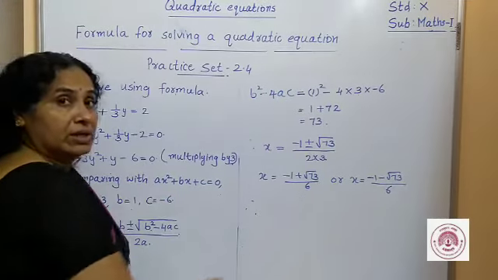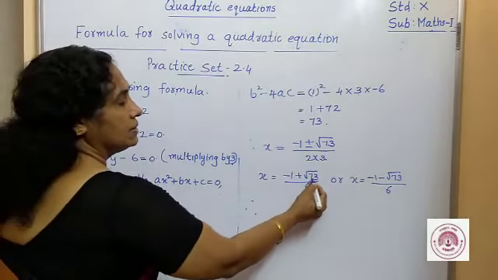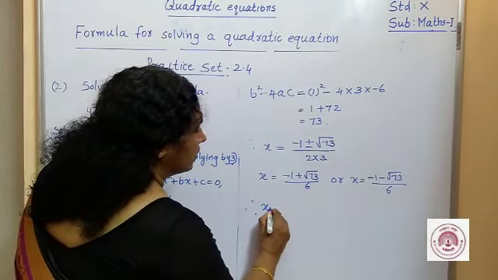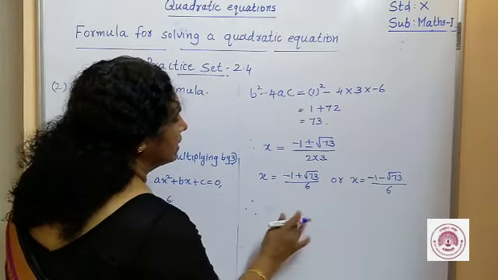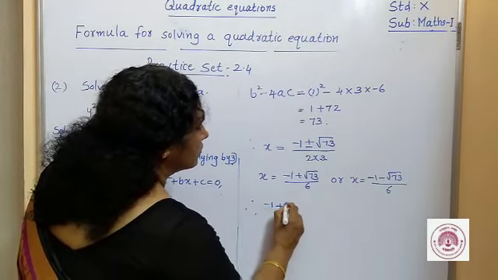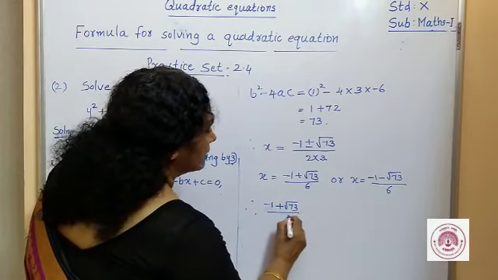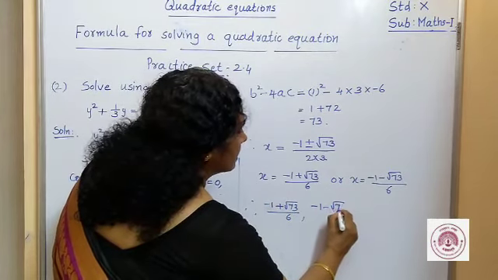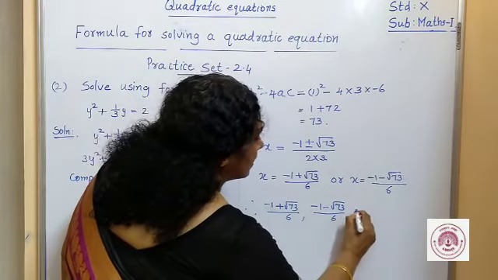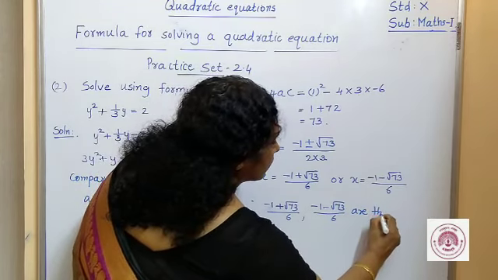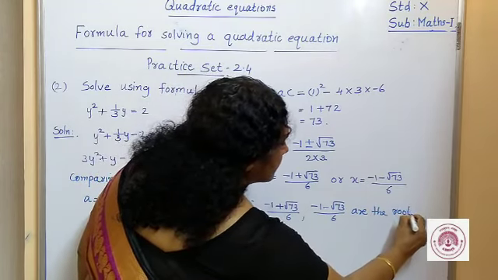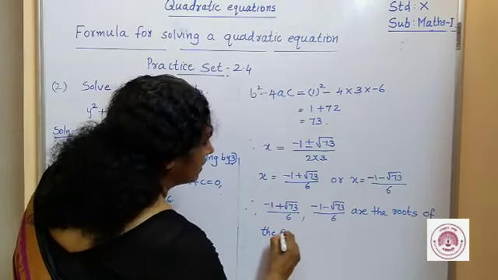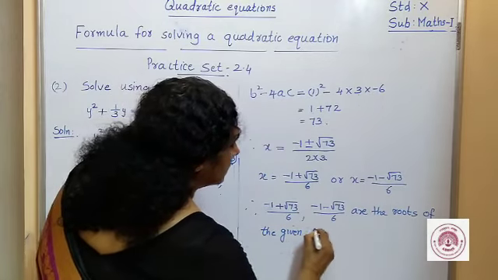That is, 73 is not a perfect square, so we write root of 73 as it is. Therefore, minus 1 plus root 73 upon 6, comma, minus 1 minus root 73 upon 6 are the roots of the given quadratic equation.